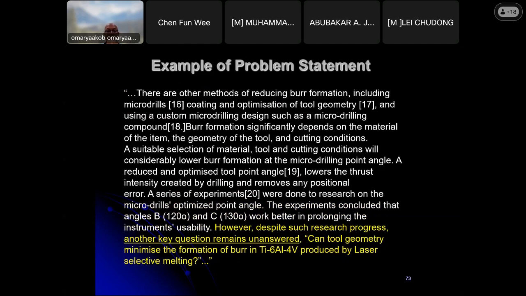The experiment concluded that certain angles work better in prolonging instrument usability. However, despite such research progress, another key question remains unanswered. Okay, so that means that people do not know about this. There's knowledge missing here. Okay, can tool geometry minimize the formation of burr?